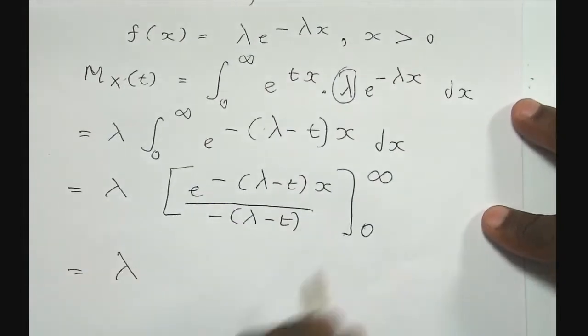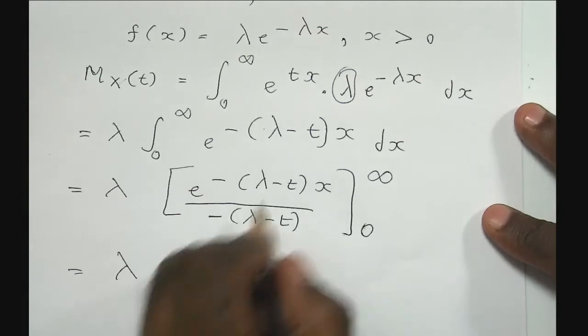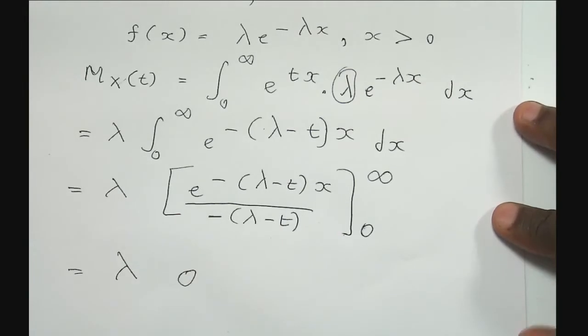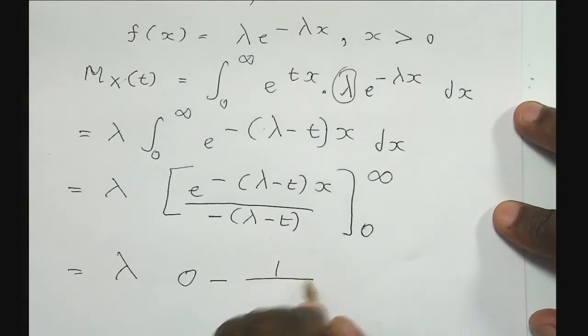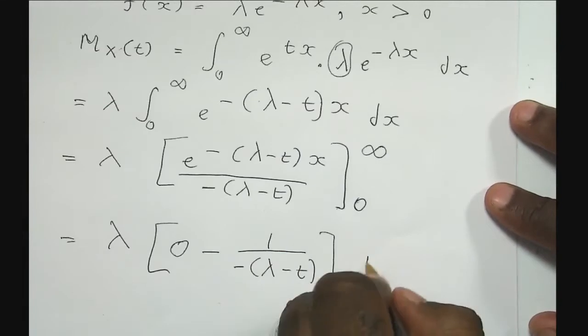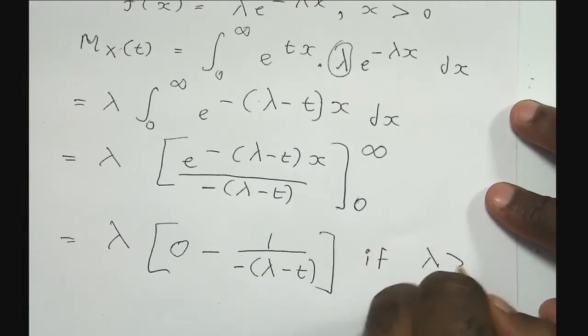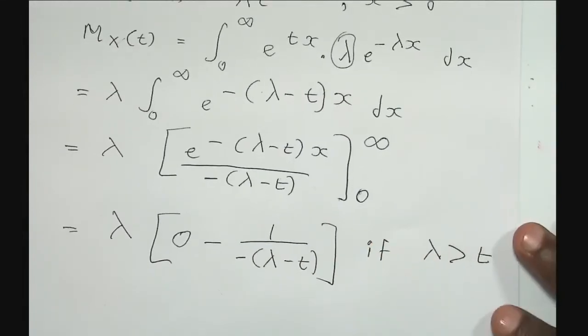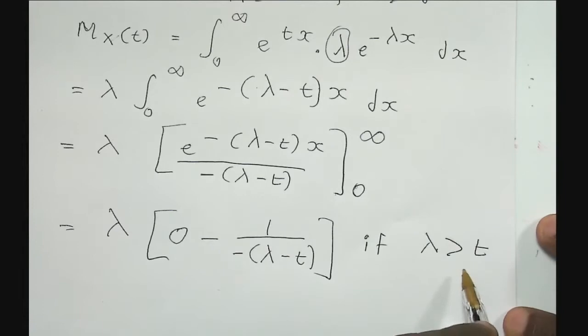At infinity, if you assume that lambda is greater than t, the limit will be 0. And at 0, the limit will be this, provided lambda is greater than t, right? Because otherwise the integral will diverge, will not exist.